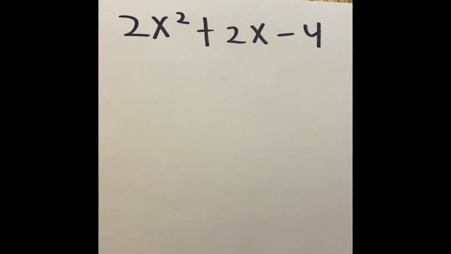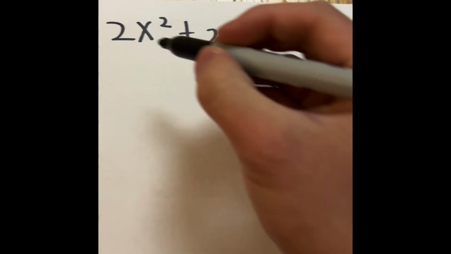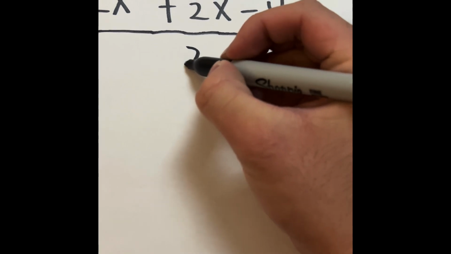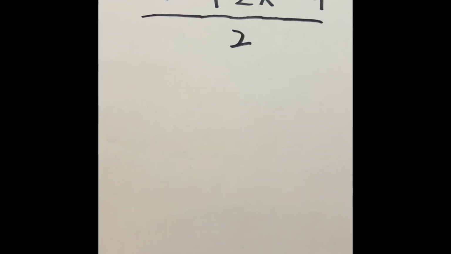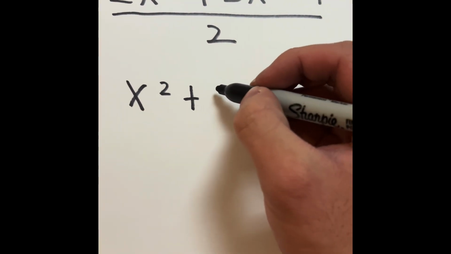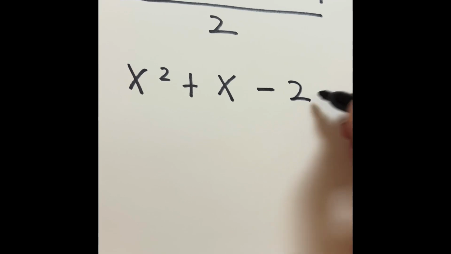If they are, you want to simplify the math as much as possible so other people can understand it. So divide everything by 2. Now we have just x squared plus x minus 2.